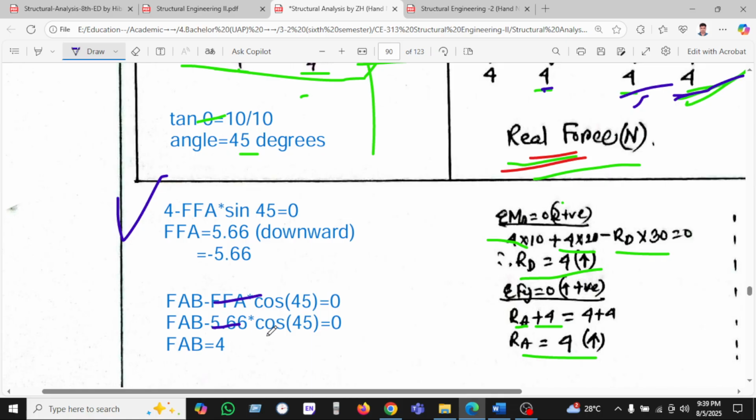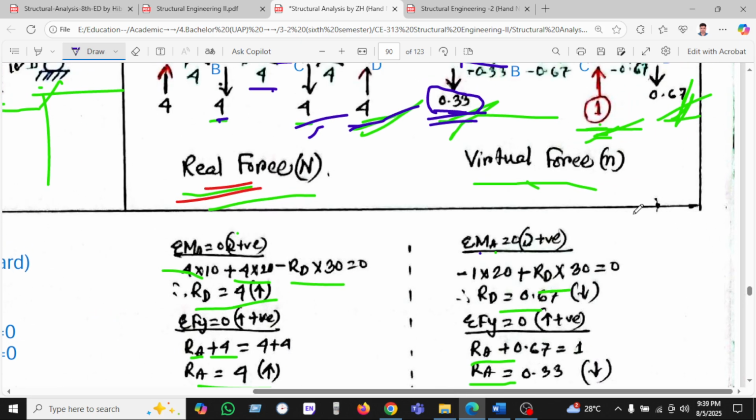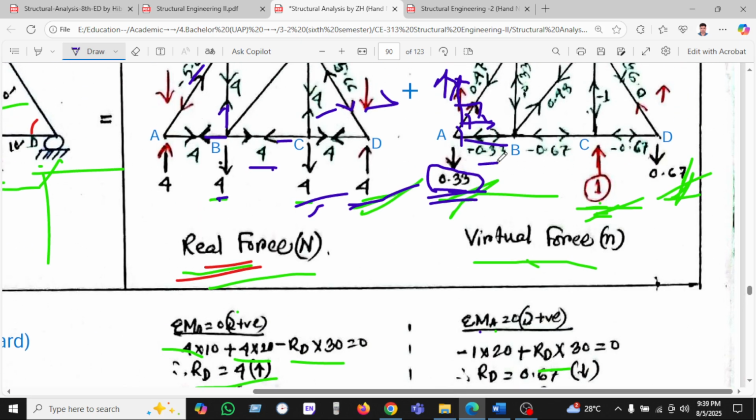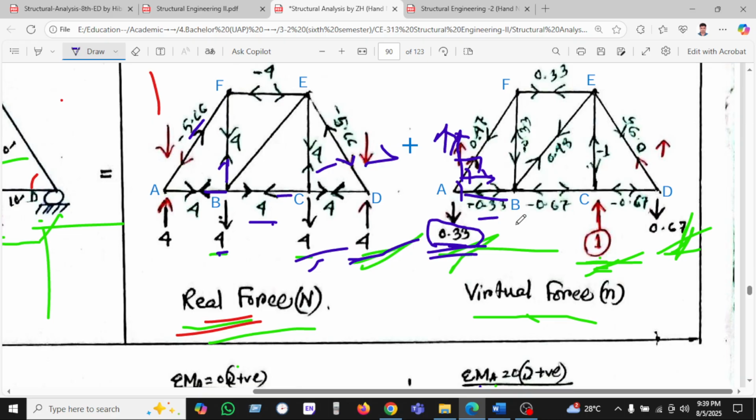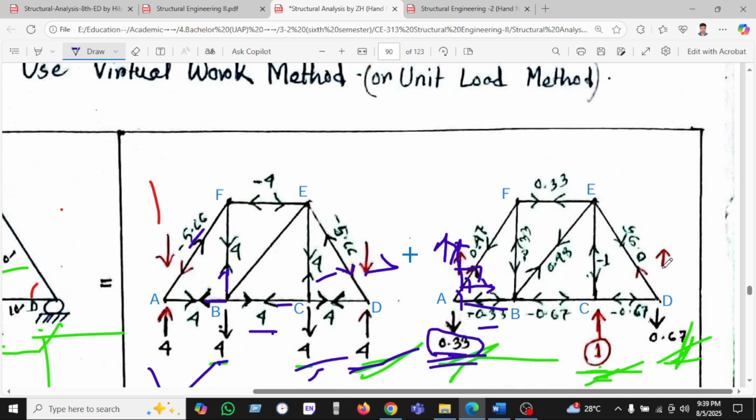If we put 0.4 cos 45, then you will find another value, which is 0.33, minus 0.33. So in this case we can calculate all these values as we have shown previously for the real truss. The same value will be found from 0.67, which is downward, so it will be an upward point.